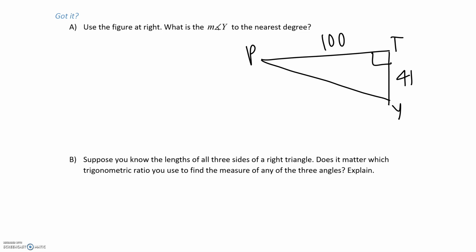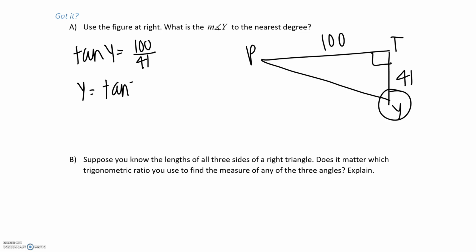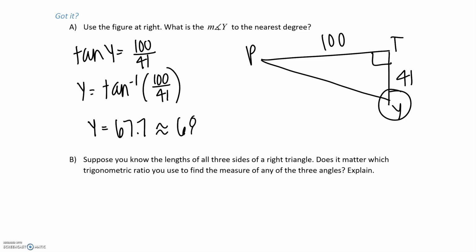And we're looking for Y. So we're going to have tangent of Y equals 100 over 41. So Y equals the inverse of tangent of 100 over 41. So y equals 67.7, or just 68 degrees.